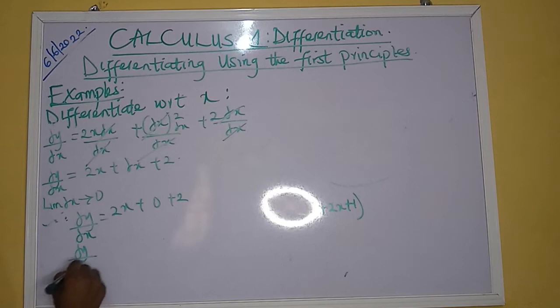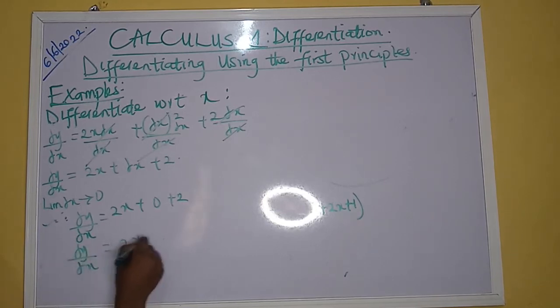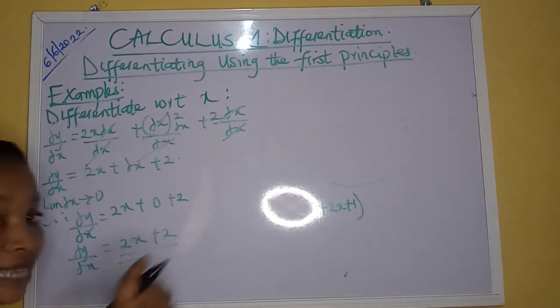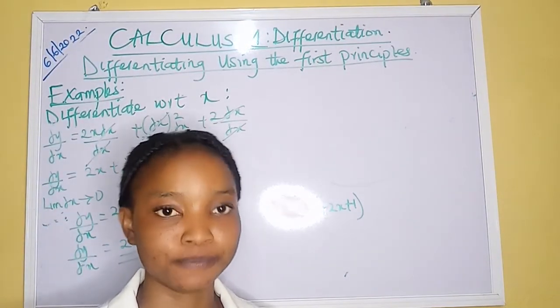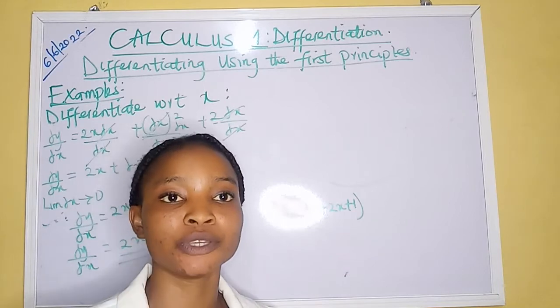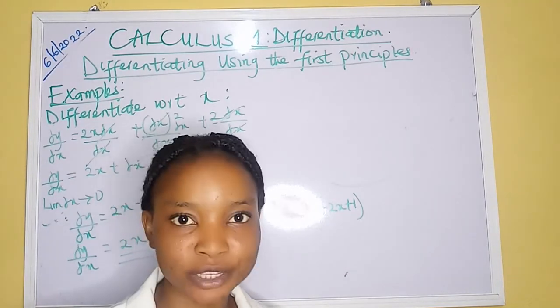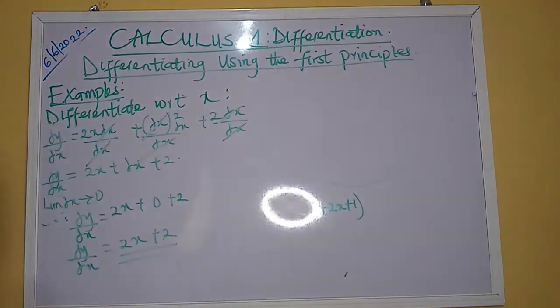The dy over dx therefore gives me 2x plus 2. The same answer we got when we differentiated it in the simpler form. It's the same thing we got when we also used the first principle. Now, shall we proceed?